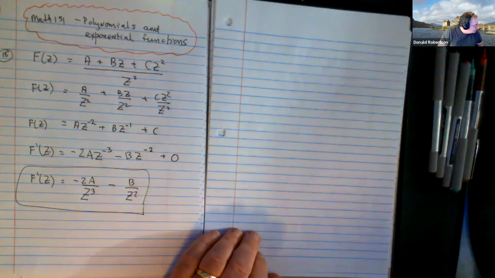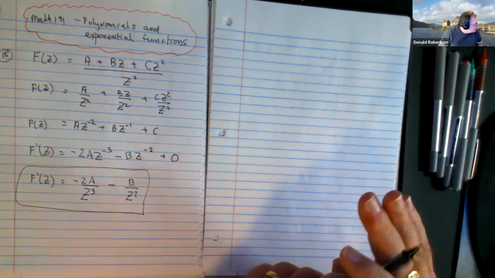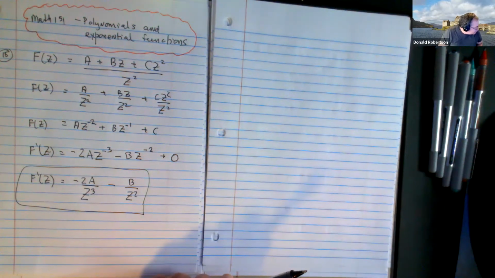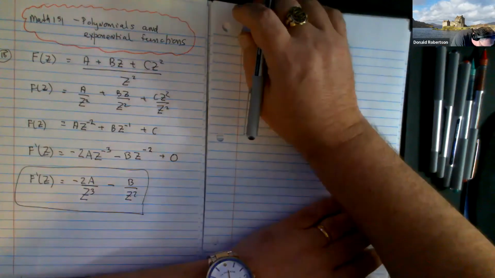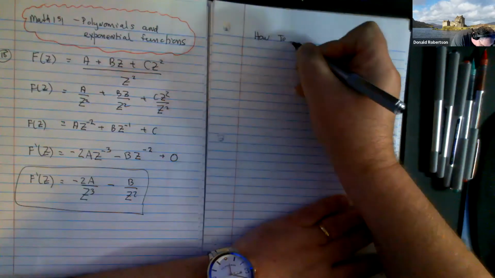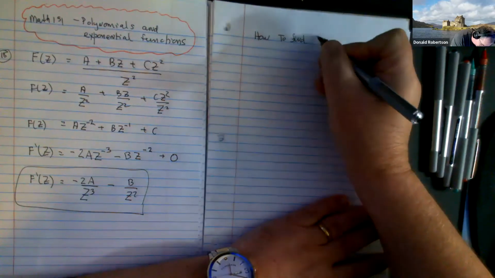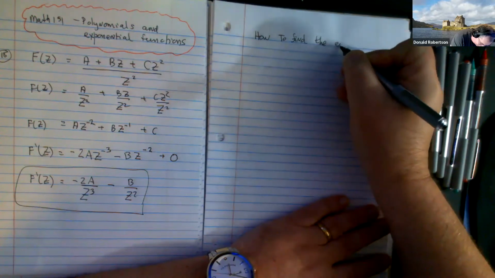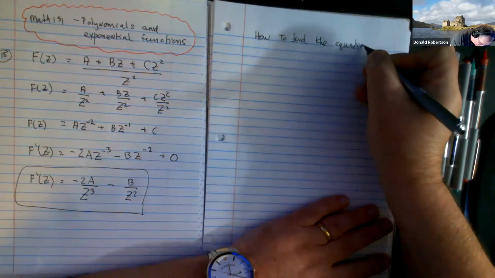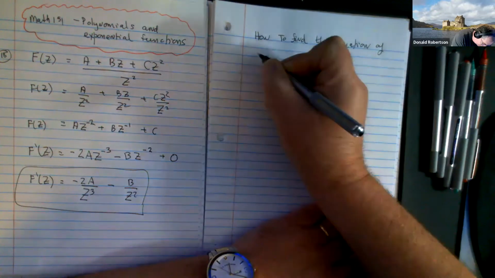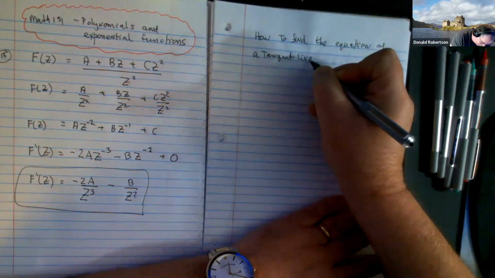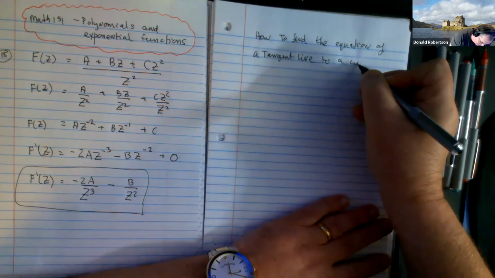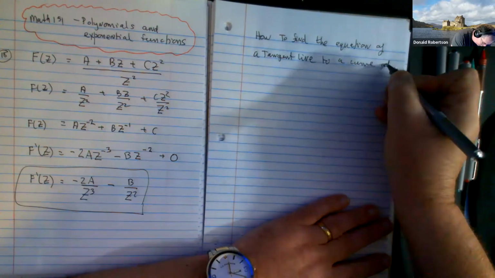Okay, let's look at the same questions, not necessarily the fraction ones, but questions that ask this: how to find the equation of a tangent line to a curve at a given point.